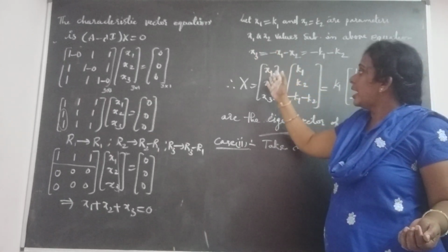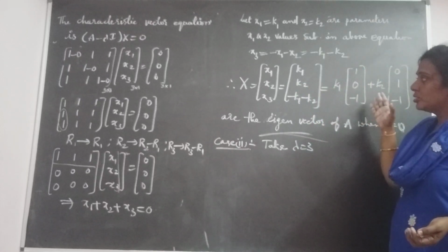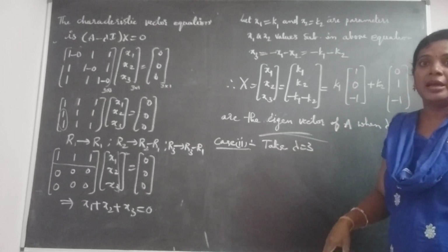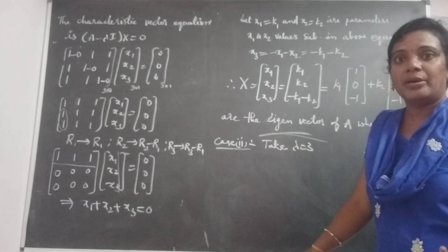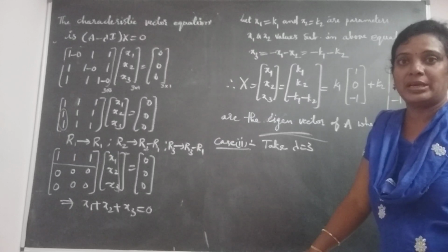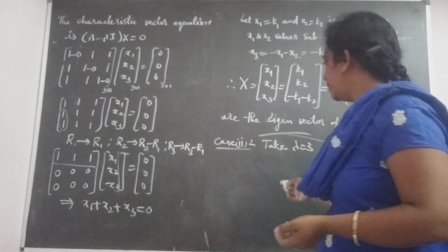And those we can write in column form, taking common parameters. So we are getting the 2 eigenvectors for the given matrix A when lambda is equal to the corresponding root. Okay. Here case 2, lambda equal to 3.